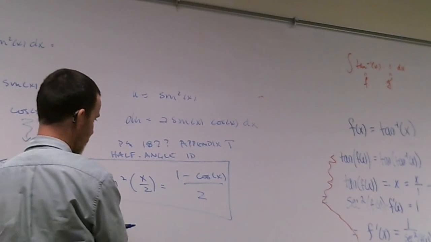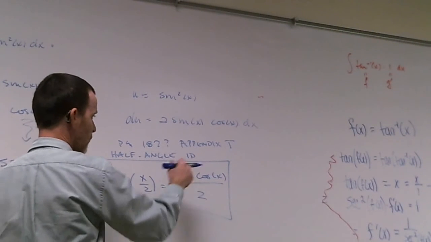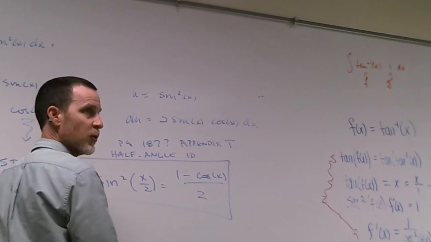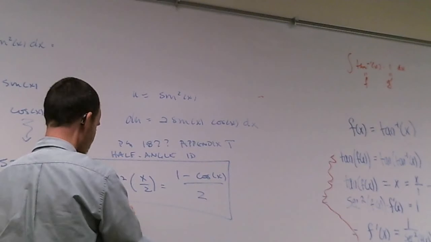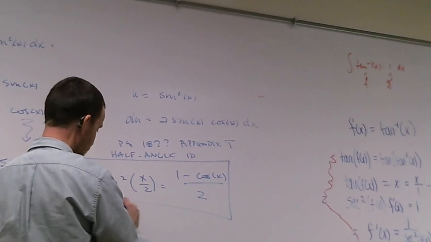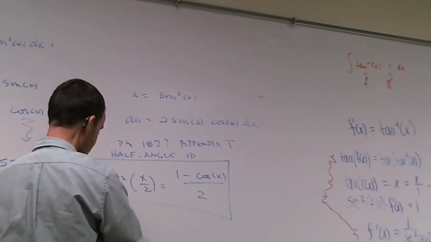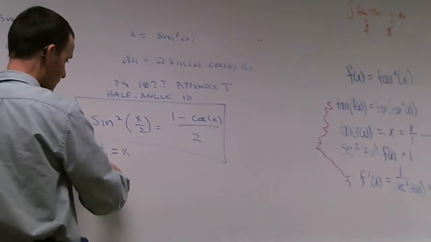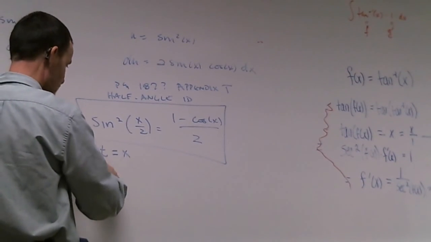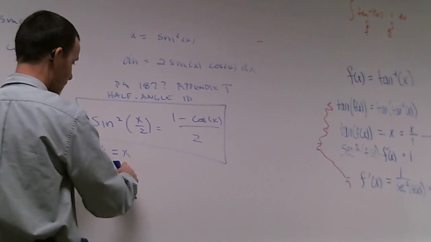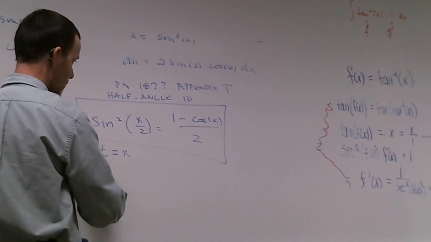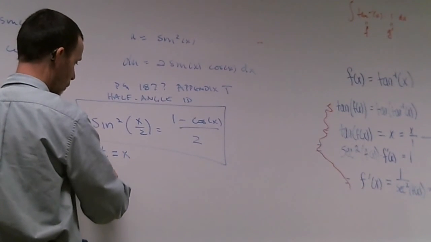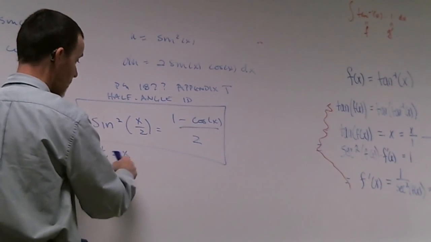For example, this one: if this is true for every x, then it would be true for t. If t is a number and twice t is x, in other words, half the value of x, then if it's true for x, it would be true for 2t.